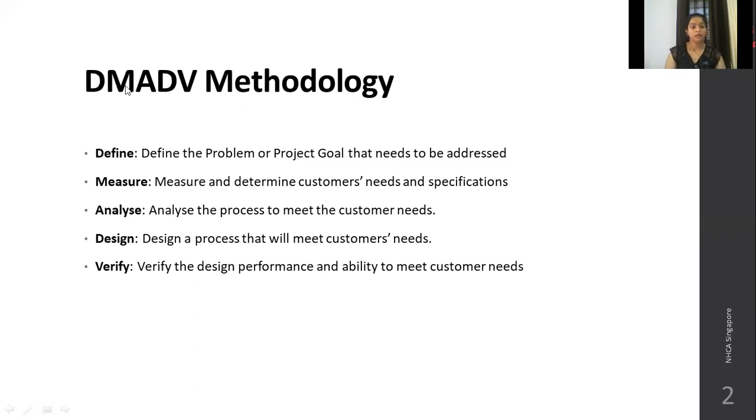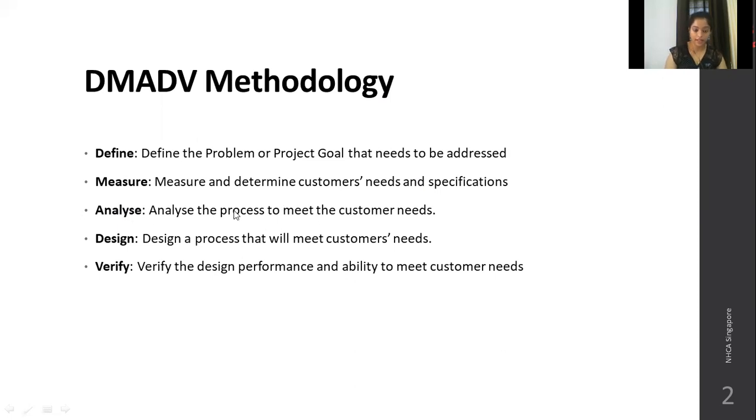So the DMADV methodology, D stands for define the problem, the goal, etc. Measure the current status, what is going on, what your customers want, what the specifications are, what is the present scenario that you have to measure.